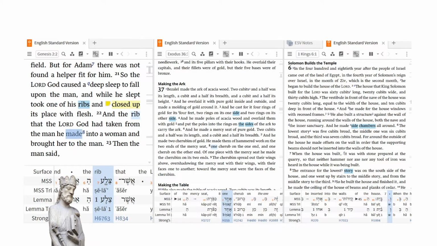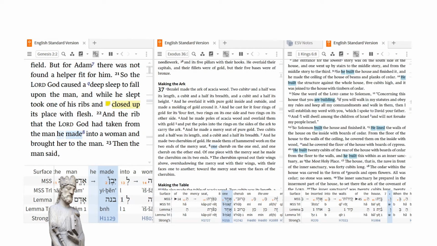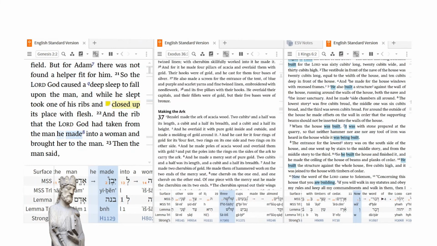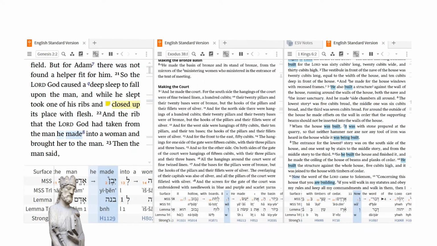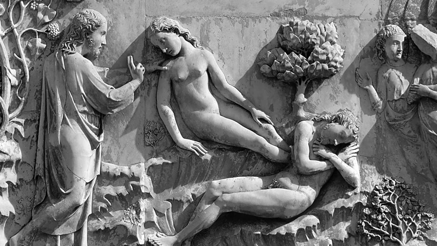Obviously, like I mentioned, made is literally built, and here it populates all over the place in our Kings account. I'm not sure if it shows up here in the Exodus account. It may or may not. I don't remember. And then this language here about the, yeah, it's tough to see the highlight here, but it's this term right here is the same as over here for the place that's closed up with flesh.